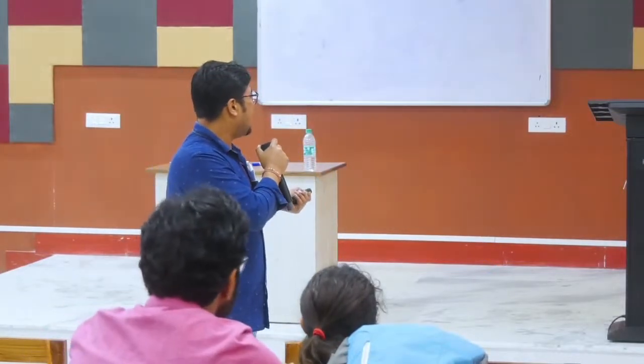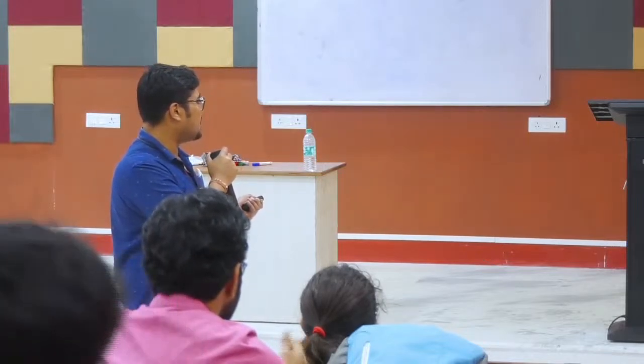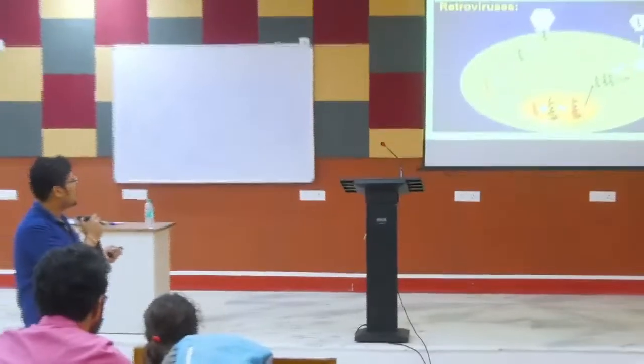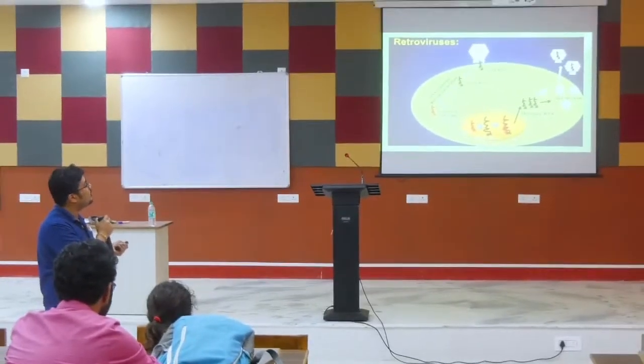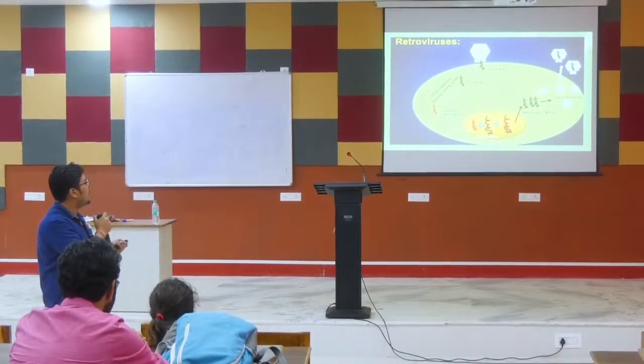Now, this is viral RNA. After entering the cytoplasm, reverse transcriptase converts the viral RNA to viral DNA. So from viral RNA, this is the RNA virus. After the action of reverse transcriptase, this viral RNA forms the viral DNA or provirus.